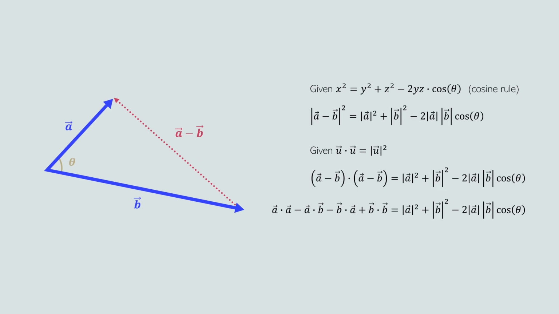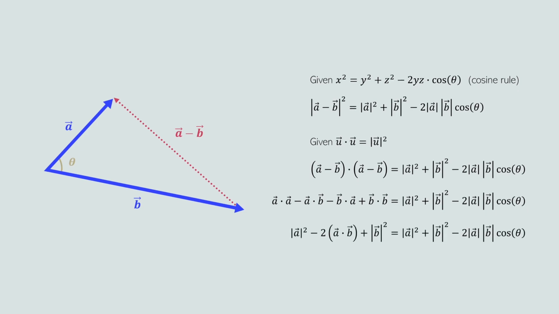And once again, using the property that the dot product of a vector with itself is equivalent to the magnitude of the vector squared, we can simplify a dot a to magnitude of a squared, and we can also simplify b dot b to magnitude of b squared. And this cancels out, and this also cancels out.